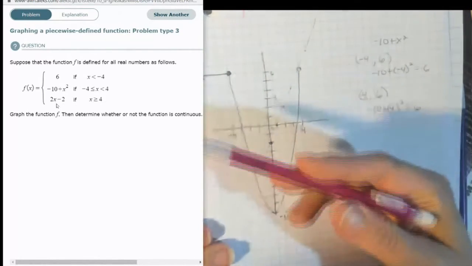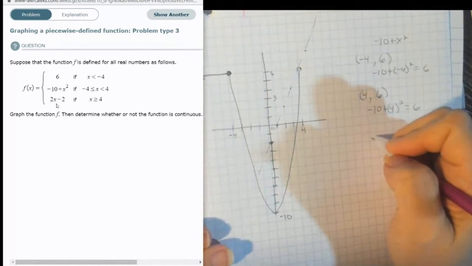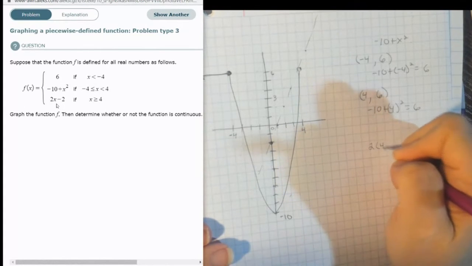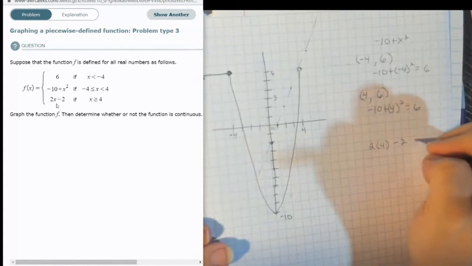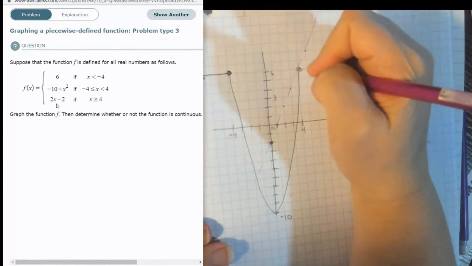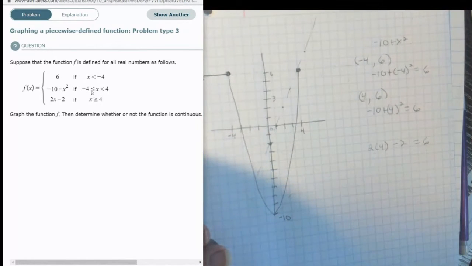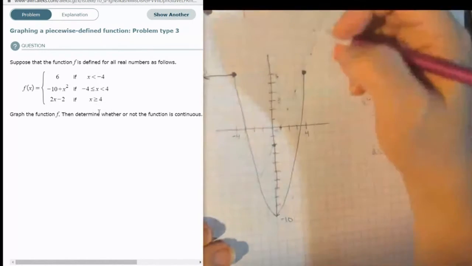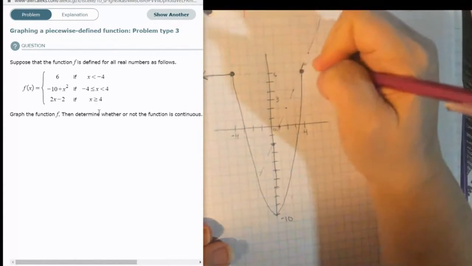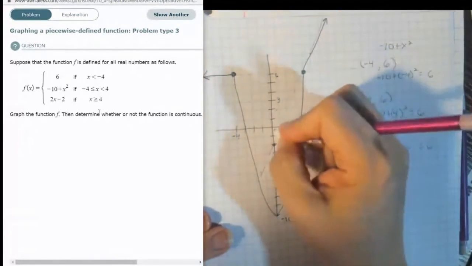But we only want to go greater than or equal to 4. If we plug in 4, 2 times 4 minus 2, 8 minus 2 is 6. So the point is 4, 6. And it's including it because this has an equal to with it, greater than or equal to. Then we want everything greater than, so we only want this side, and we would erase this side.